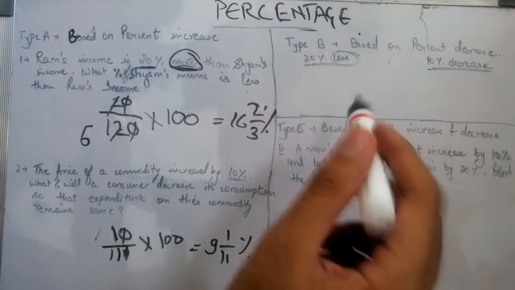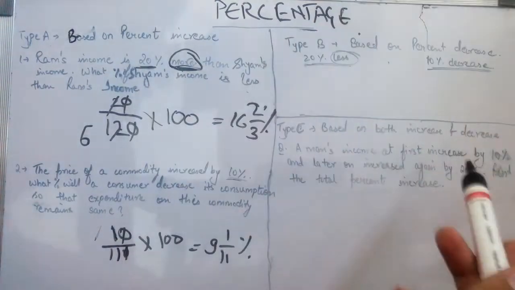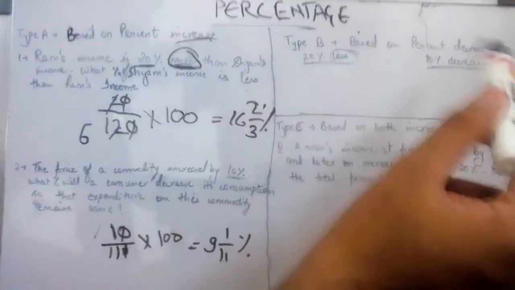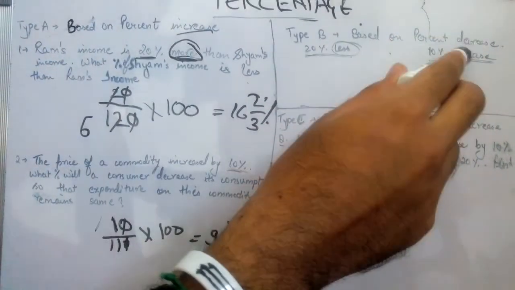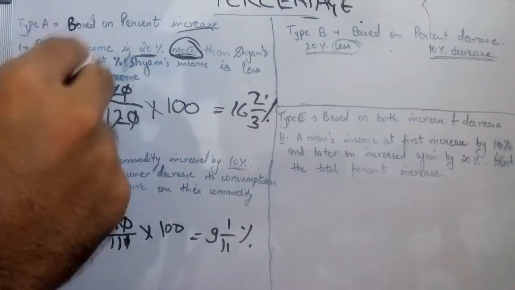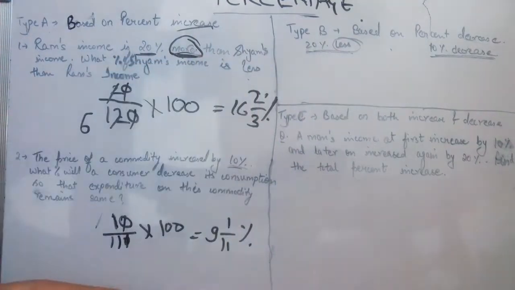Next, talking about the second type, which is type B, based on percent decrease. It is more or less equal to type A. Here it is talking about increase, and in this we are talking about decrease. So if the question remains the same, Ram's income is now 20% less than Shyam's income.